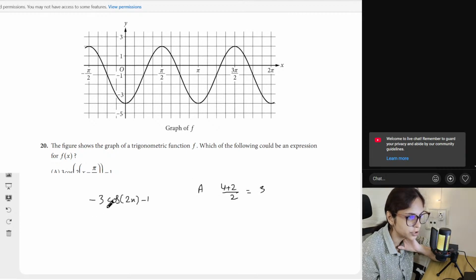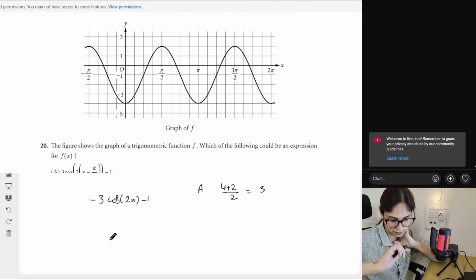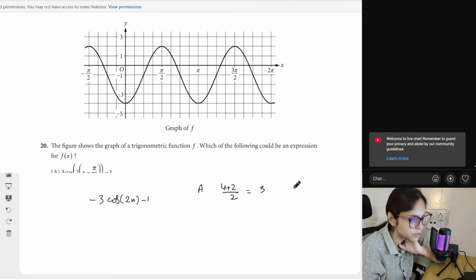It could be 3 or -3, because at 0 we don't have a maxima, we have a minima. That is why it is inverted cosine, because the normal cosine graph looks like this. So -1 will look like this. Positive cosine, negative cosine, because you have reflected in the x-axis.